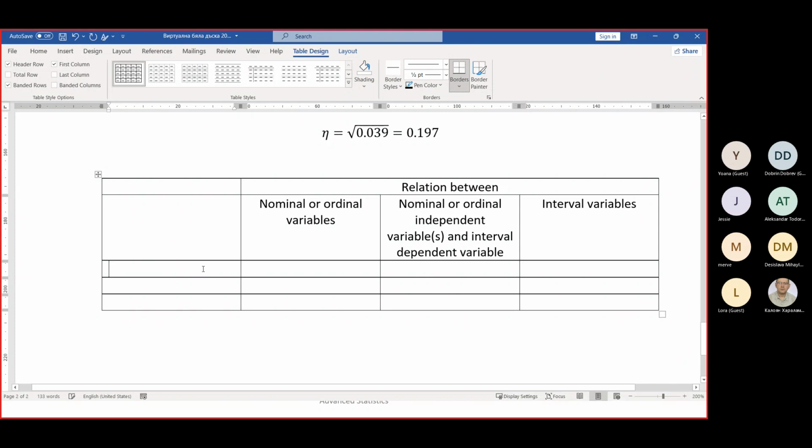And here, first row, coefficient of determination.